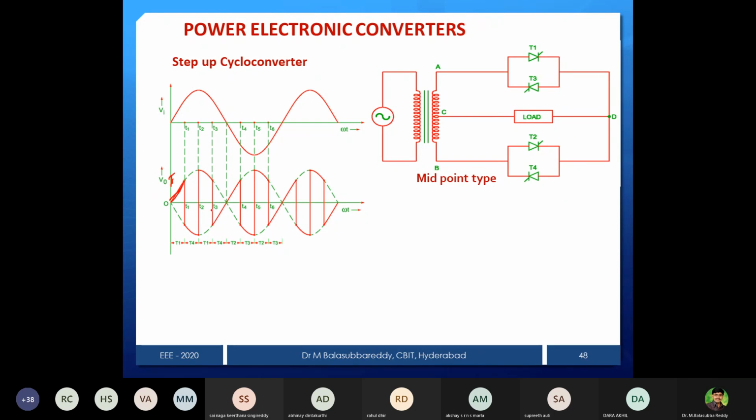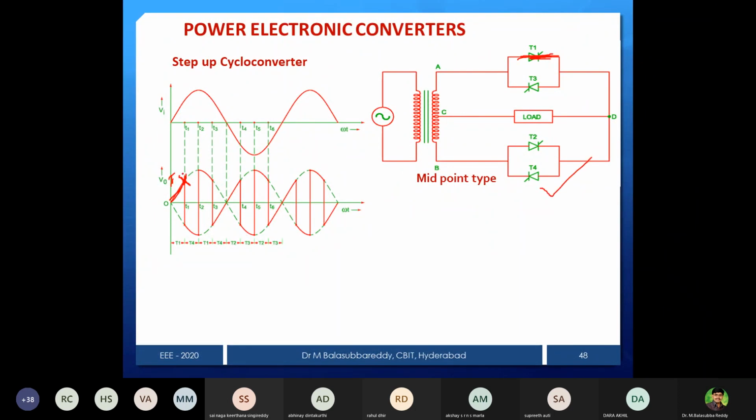But I don't want to allow it to conduct up to pi, because I need the negative half cycle after some time. Once it is conducting, we don't have any provision to turn it off unless we apply forced commutation. That's why we apply forced commutation at this instant and forcibly turn off the device, and give the pulse to T4.